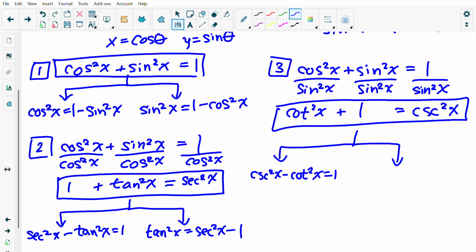Another version, if I subtract 1 from both sides, I have cotangent squared of x equals cosecant squared of x minus 1. So those are the 3 versions of the Pythagorean identities.